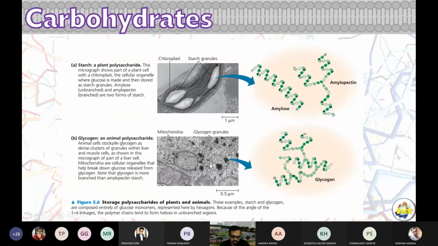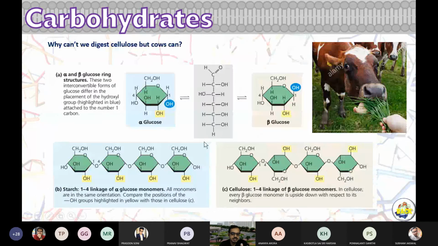So for storing glucose in a small area, they make granules. In plants, they store it as starch, and in animals, they store it in the form of glycogen. There is a difference in the bonding pattern.